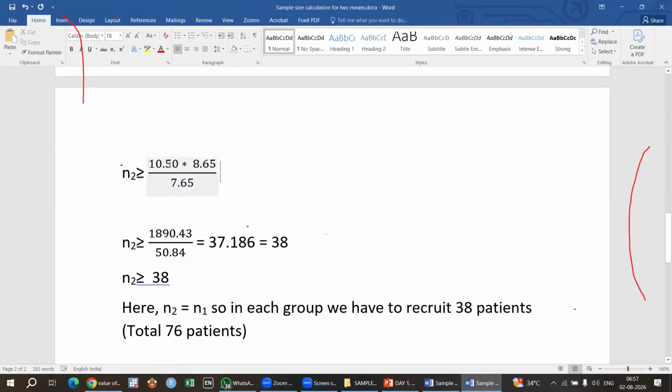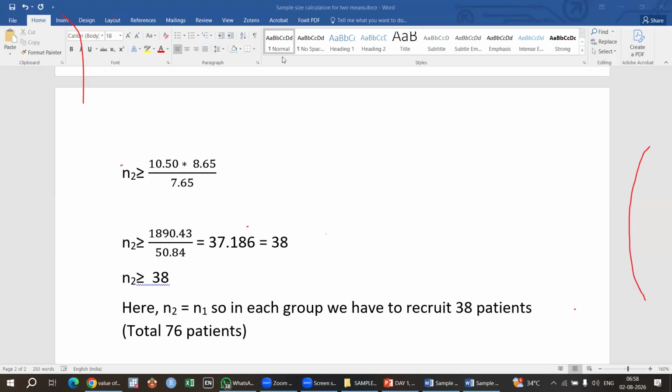Then calculate this and this. Please tell me 10.50 multiplied by 8.65. Please tell me the value of this. You are doing it, I am just filling. 6.76 is the denominator. Very good. Please tell me the numerator. 90.9. Okay, 89.88. What is the mistake here? 90.9 and 90.82.